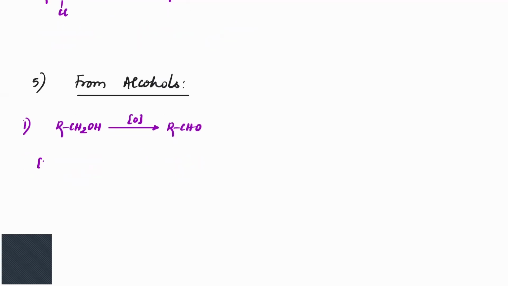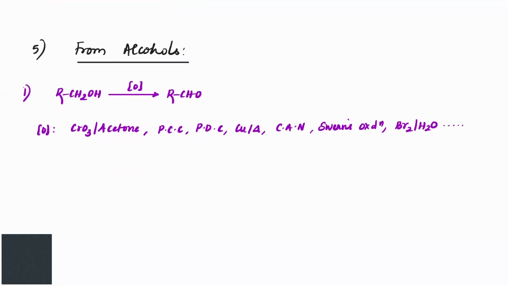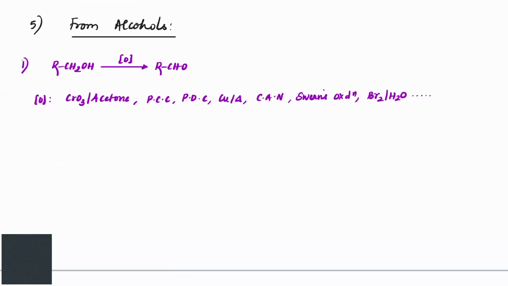The oxidizing agents which we have learned earlier include CrO3 in acetone, PCC, PDC, copper and heat, CAN reaction, Swern oxidation, bromine water, and so on. All of these are used as oxidizing agents to convert alcohols to aldehydes.